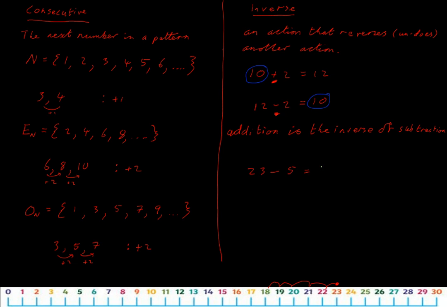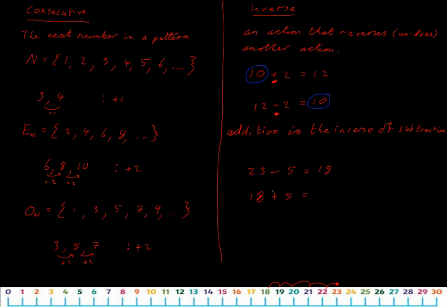I end up down at 18. So I'm now at 18. If I want to end up back at 23 to undo what I just did, what am I going to need to do? I'm going to need to do the inverse, and that is going to be to add 5. So you can see that they're effectively opposites.